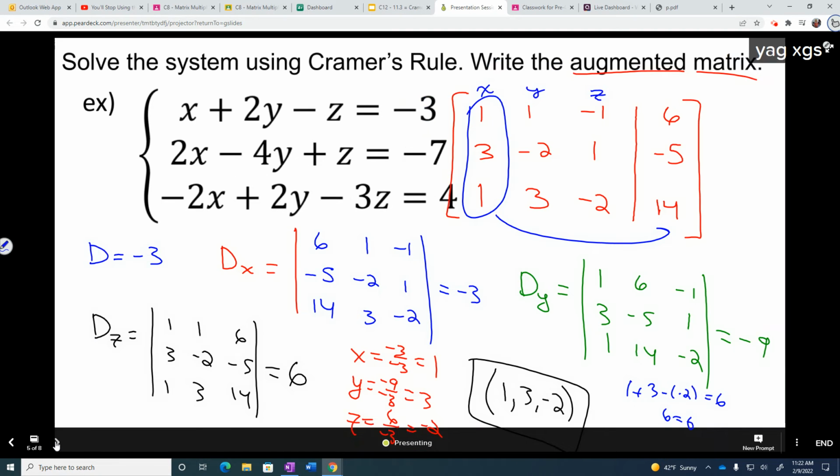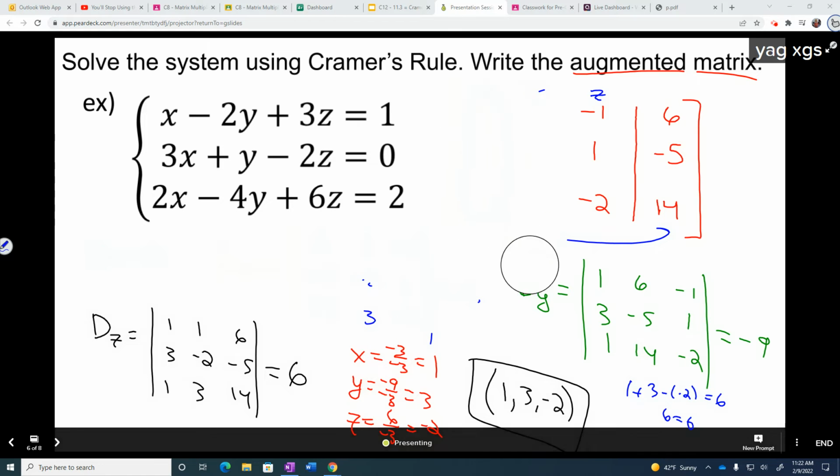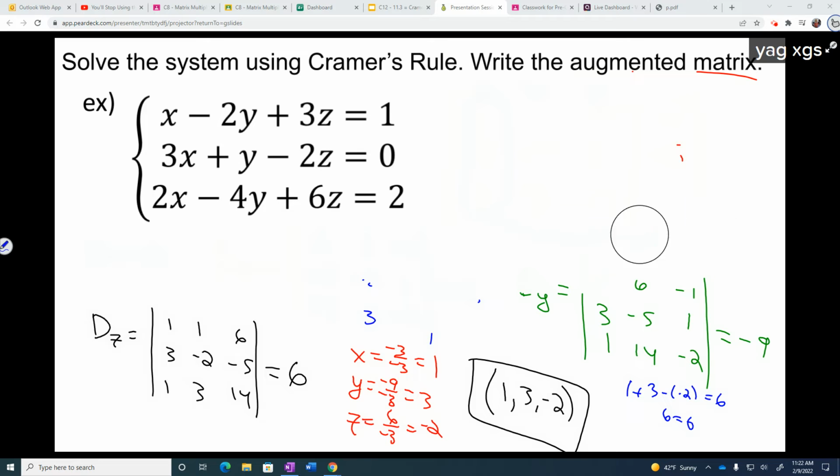Let's look at one more here. Actually, let's do this one first. Now, again, don't write out this problem. It's going to take too long. Don't write it out. Same with when you do them out of your book. You don't want to write out this whole thing. There's actually a greater chance you would mess up when you try to rewrite that whole thing. So what you would want to do is just write the augmented matrix.